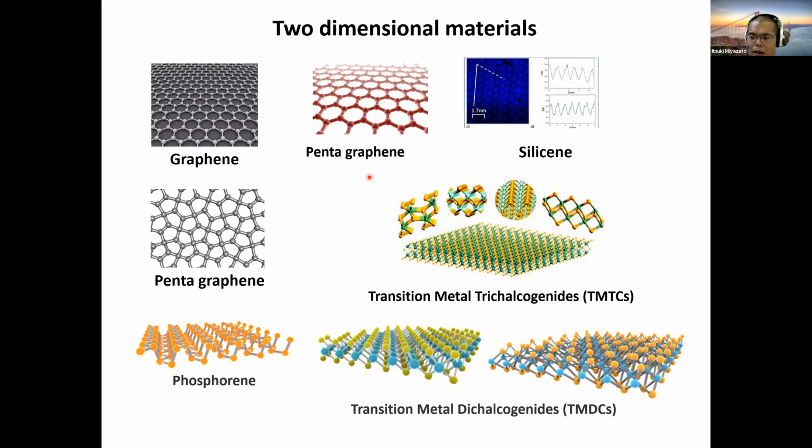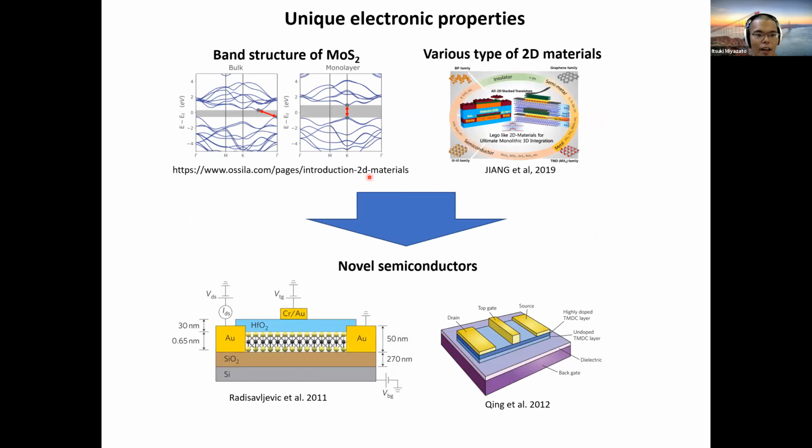Because of that, many types of two-dimensional materials have been explored via both theoretical and experimental approaches. One of the most unique properties of two-dimensional materials is their electric property. Two-dimensional materials usually have completely different physical properties compared with bulk materials.